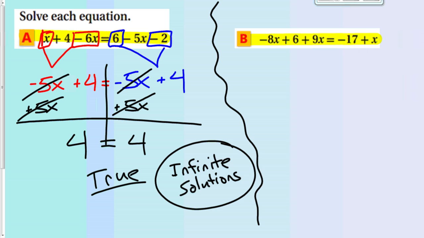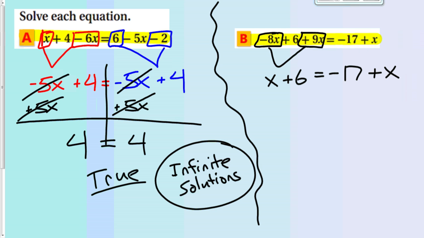Right? Everything looks good on the right side, but I do want to combine negative 8x plus 9x here. So negative 8 plus 9 is 1x, or just x. Same story. If I try to bring my variable terms together, x minus x is 0.